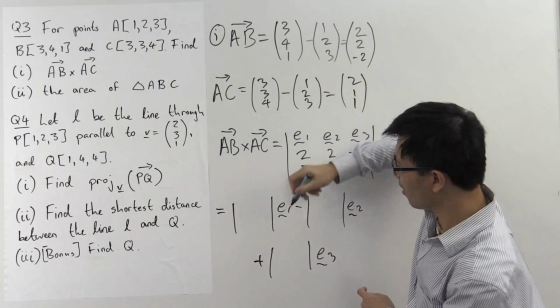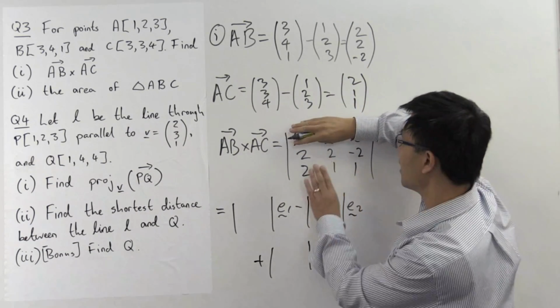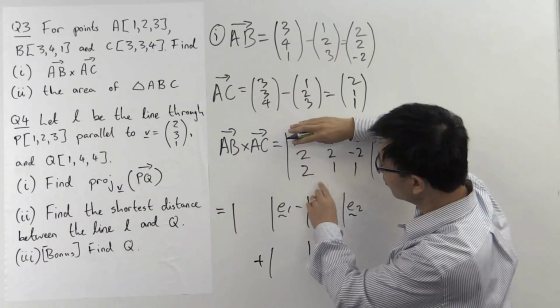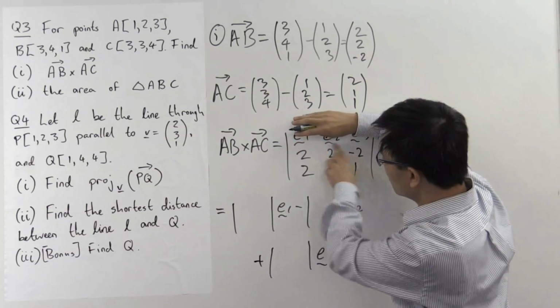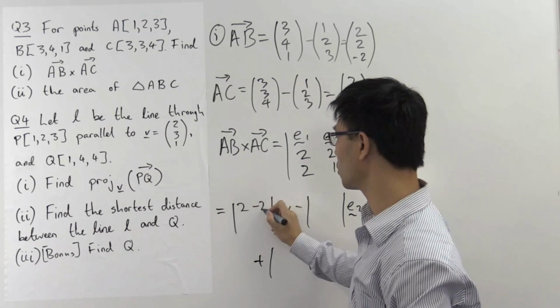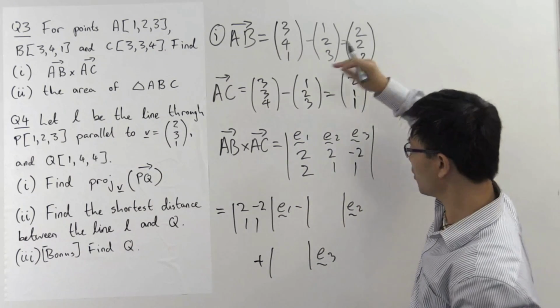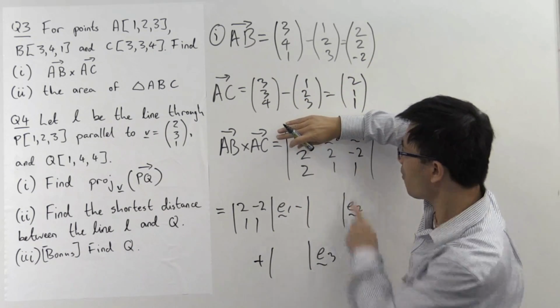Okay, so for the coefficient of E1, so to speak, you remove the row containing those E's and the column containing that E1. So it's this one here: 2, minus 2, 1, 1. This one, remember there's a minus sign here. You do the same thing. You remove the first row and the middle column.